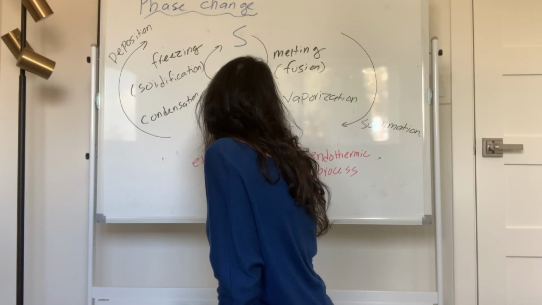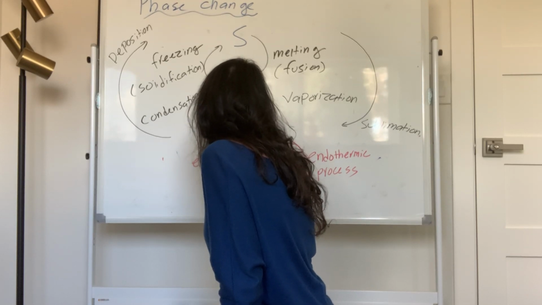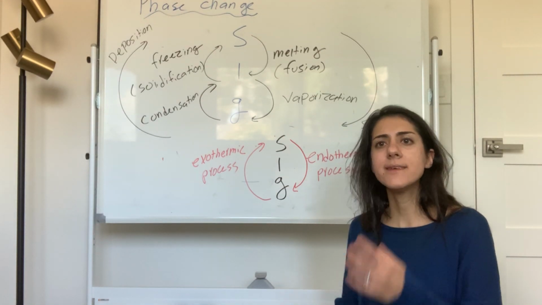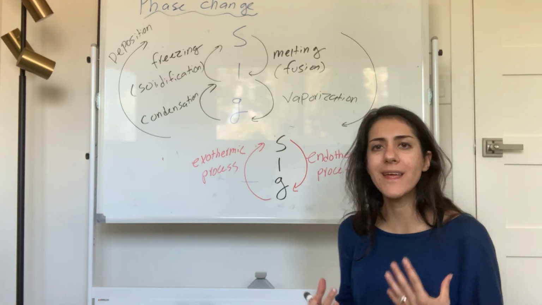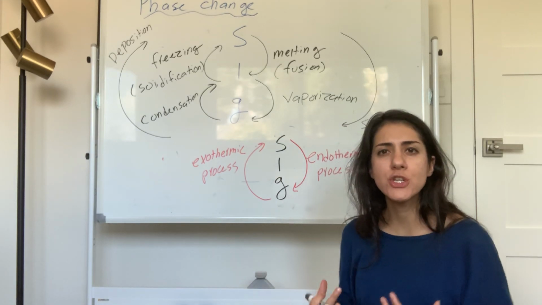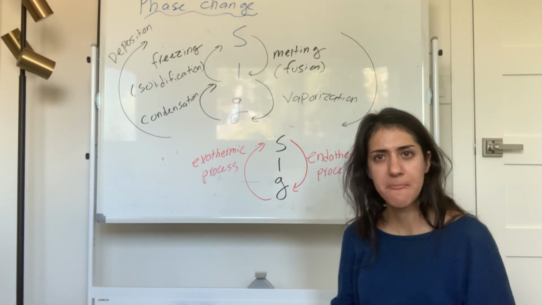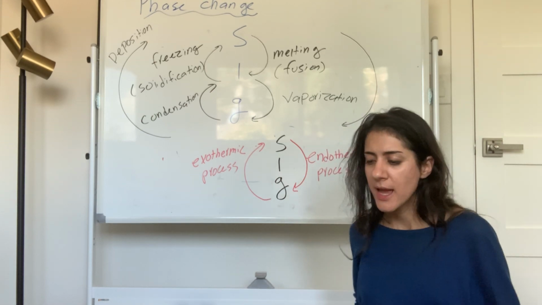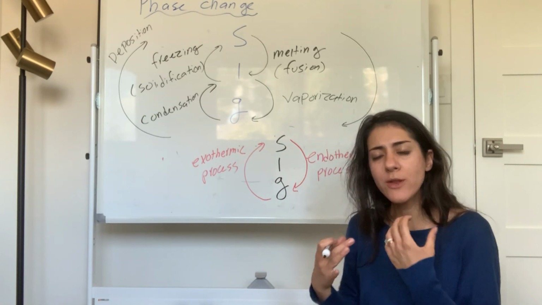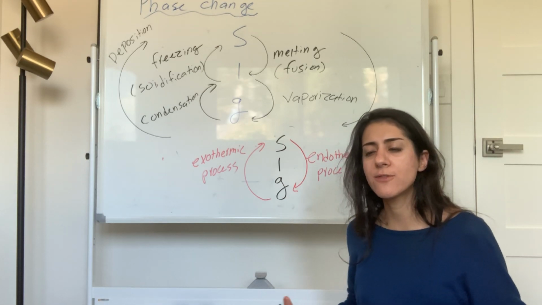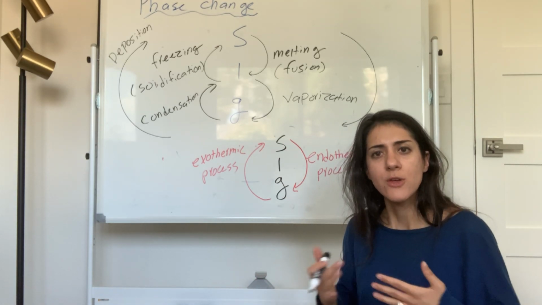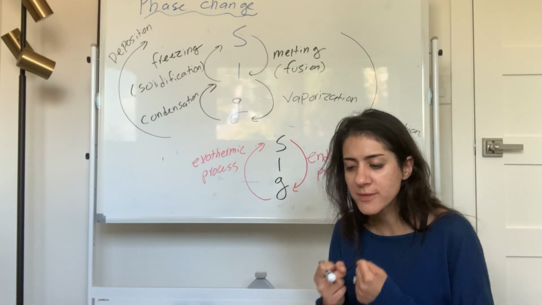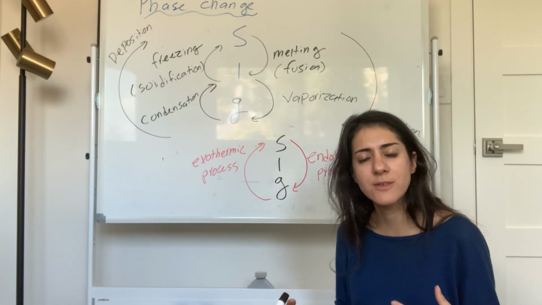Now let's talk about what's endothermic and what's exothermic. Endothermic is the process that requires energy. You need energy to make that go, right? If I require energy from a reaction, where are you getting the energy from? You're getting the energy from the surrounding. So if I get my energy from the surrounding, what happens to my surrounding?